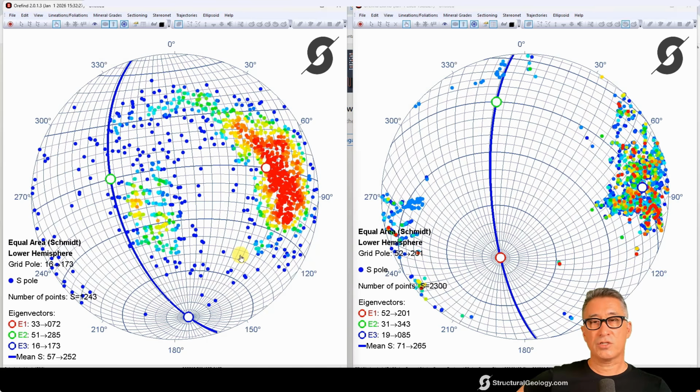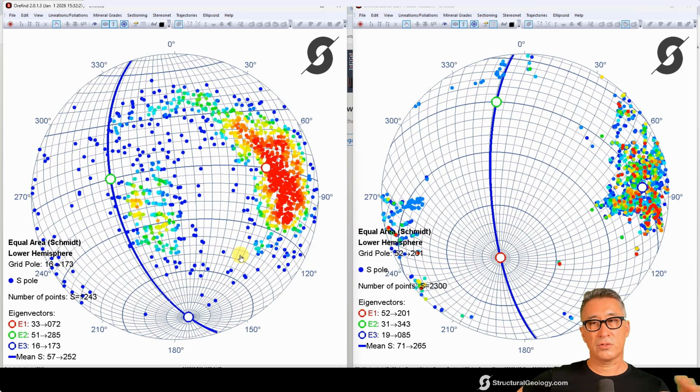You need to use this on a structural element that is consistent throughout the area that you're investigating, something consistent like the bedding. The bedding is dipping in a certain direction, or the foliation being dominant and orientated a certain way. That's really the only way to check it.